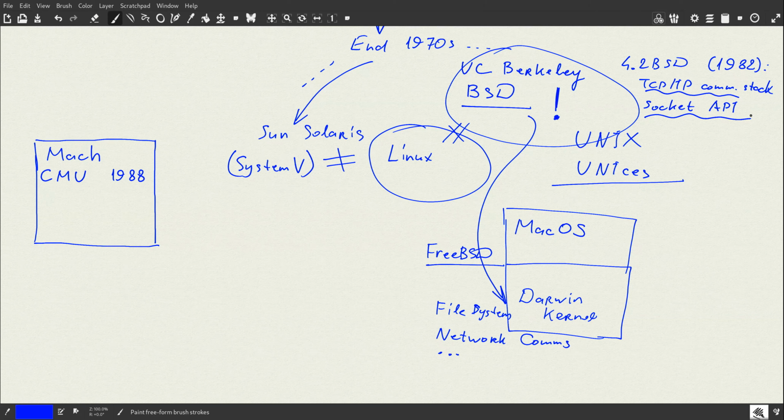And the socket API, to a large extent, is unchanged. Well, obviously, there are many more options now, but the whole idea is that, first of all, the TCP/IP stack would be implemented inside the operating system kernel, and that's a very important point.